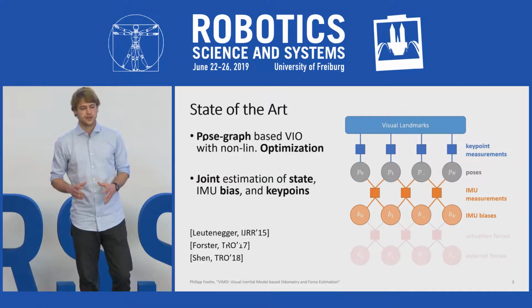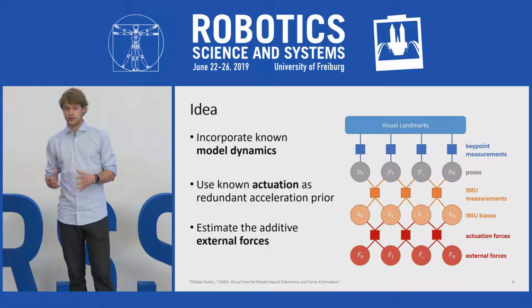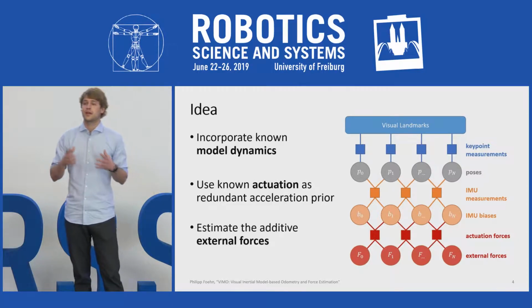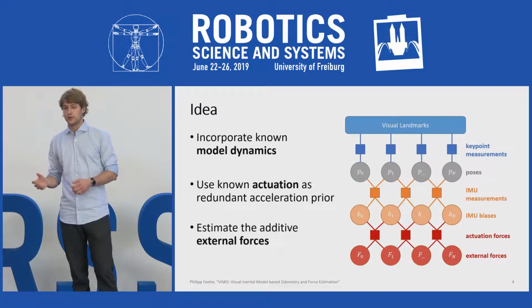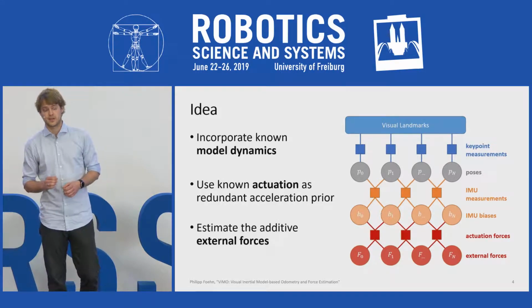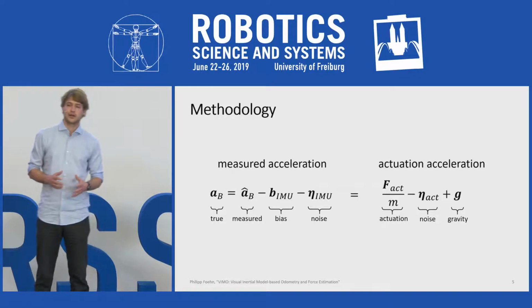Our contribution now is a relative motion constraint based on the actuated and the external force that we put into the pose graph. Since we know the actuation, we can recover the external force on the platform and also improve localization accuracy. For this, we first formulate the accelerations.